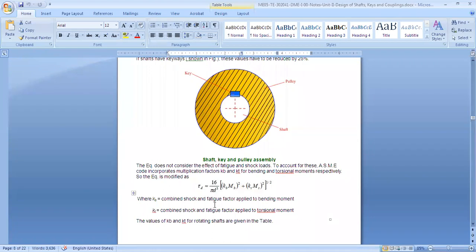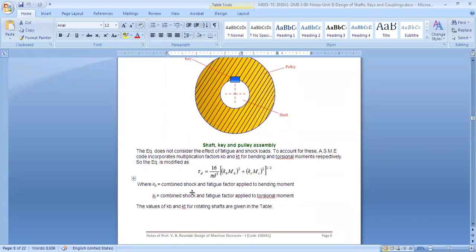If we introduce these factors, then your design will remain the same as whatever we discussed in the last lecture. So with ASME, we are not doing anything fancy. We are just introducing a few factors to consider fatigue, shock, and keyways, to make our design safer, right?